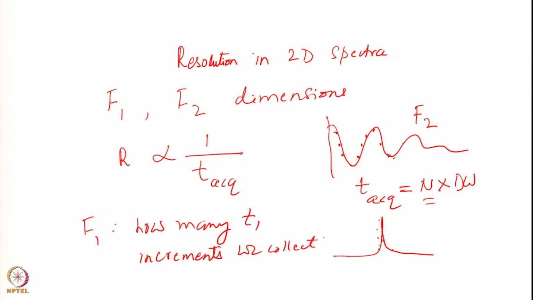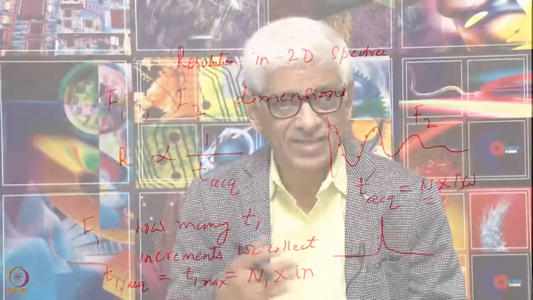Acquisition time along the T1 dimension, let us say T1 acquisition, is equal to T1 max, which is n1 times the increment. This increment is the same as the dw, except that these are collected one by one, systematically, so that many FIDs are collected.